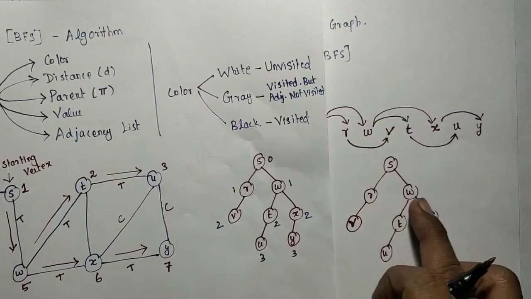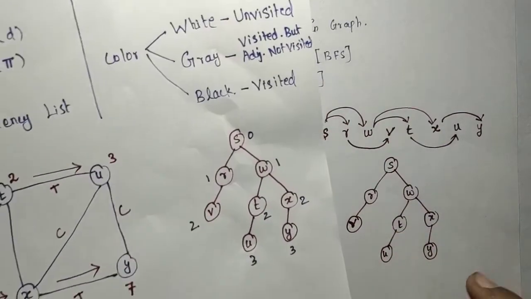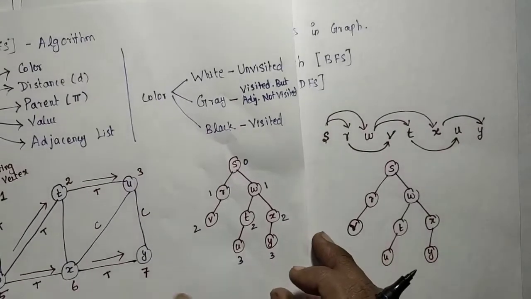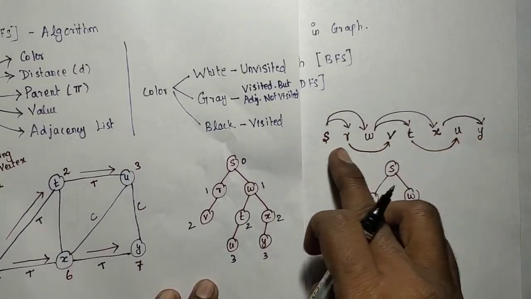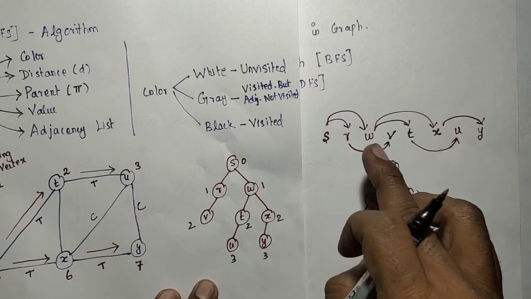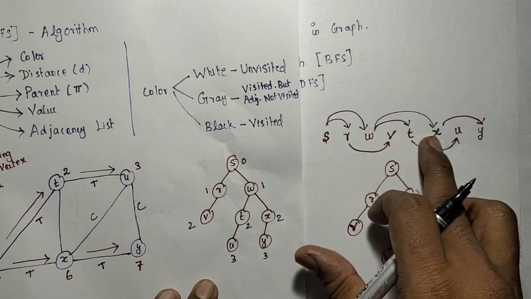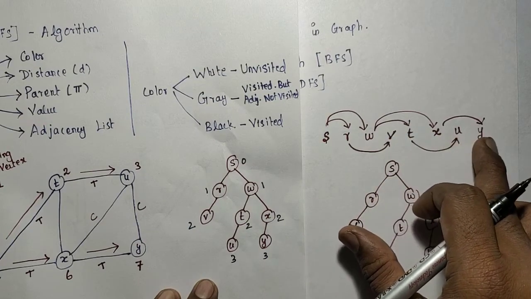We are using the same order: S, R, W, V, T, X, U, Y. The tree will be the same, but the order of visiting nodes may differ. Here we visited S, R, W, V, T, X, U, Y in this order.